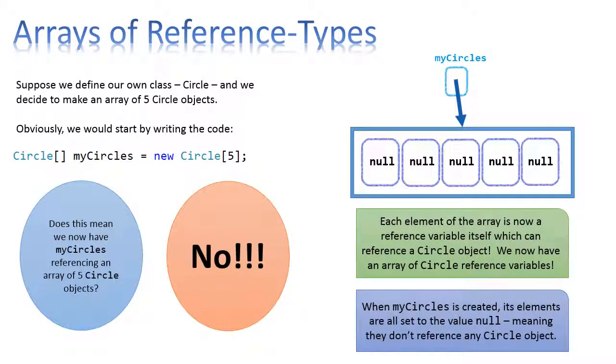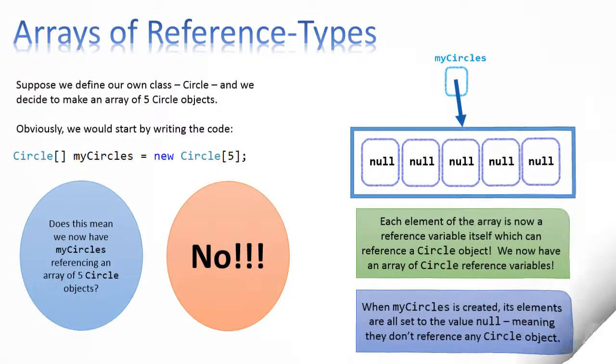When we created myCircles, all of its elements were automatically set to the value null, meaning they don't reference any circle object. If we try to access the element under the impression that it's a circle object, and let's say we try to access property radius, our program would crash because there is no circle object.